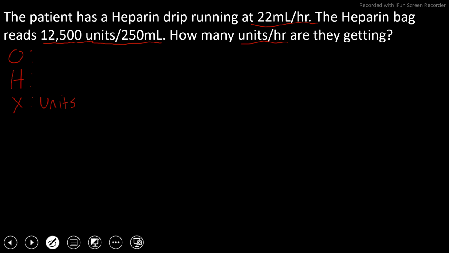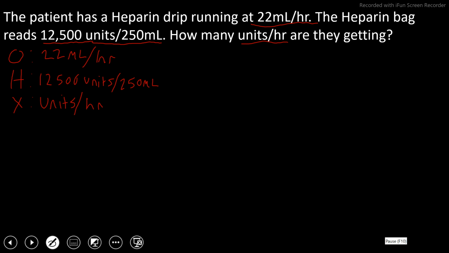And yes, you have to spell out units every time or it's a med error, because just putting a U could be mistaken for another number like 0. Okay, units per hour, and then what we have is the heparin bag, so 12,500 units per 250 mLs. And then the order, of course, is our 22 ml per hour.